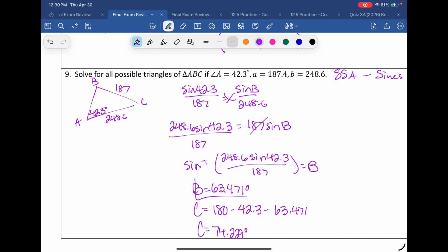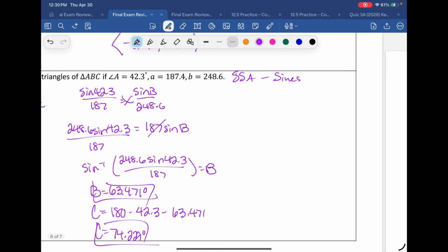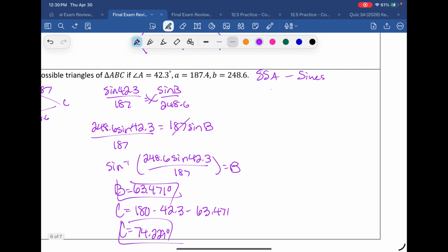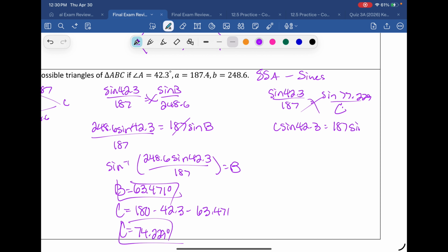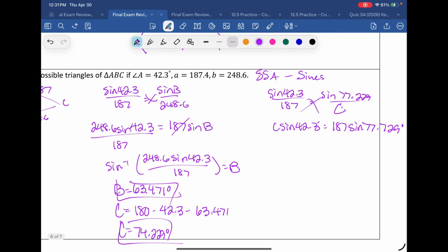All right, these are our possibilities. Let's go ahead and find side C real quick. Just a whole lot of writing. Divide.